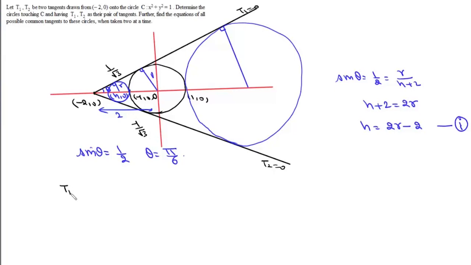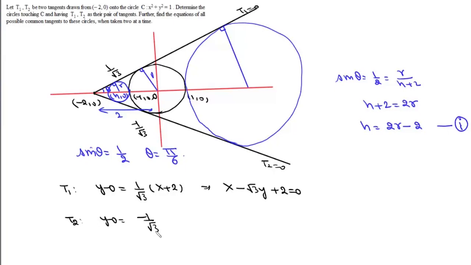So this T1 will be y minus 0 equals 1 by root 3 (x plus 2), that is x minus root 3 y plus 2 equals 0, and this T2 will be y minus 0 equals minus 1 by root 3 (x plus 2), and will be x plus root 3 y plus 2 equals 0. Now we need to find another relation between h and r.